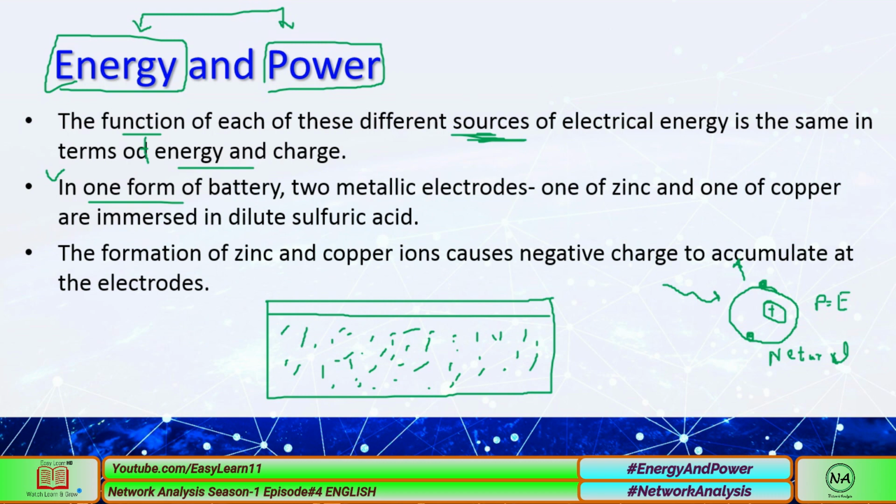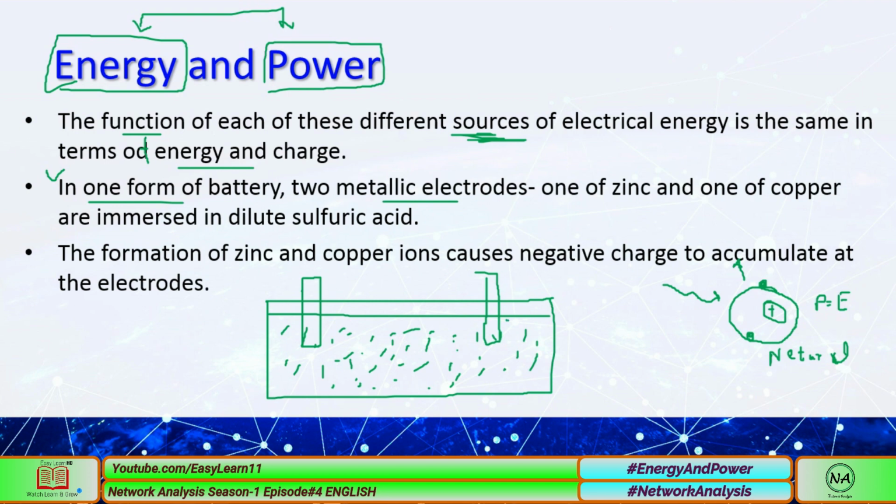In the battery there is dilute sulfuric acid, and we use two metallic electrodes, first zinc and then copper, immersed almost halfway in the dilute sulfuric acid. The formation of zinc and copper ions starts when they are dipped, and there is a charged material. Work always starts when they are dipped inside this solution and ions are created.